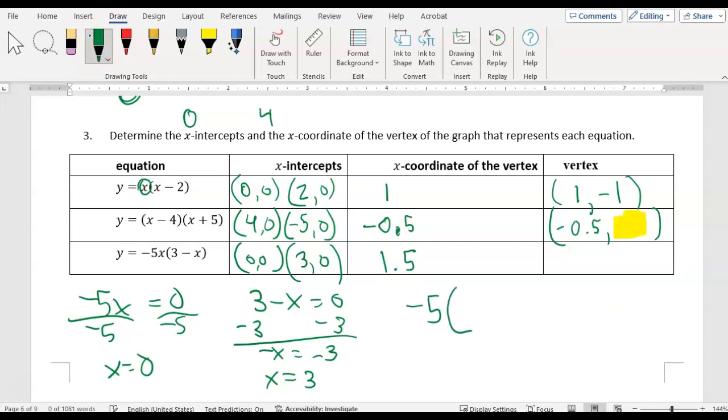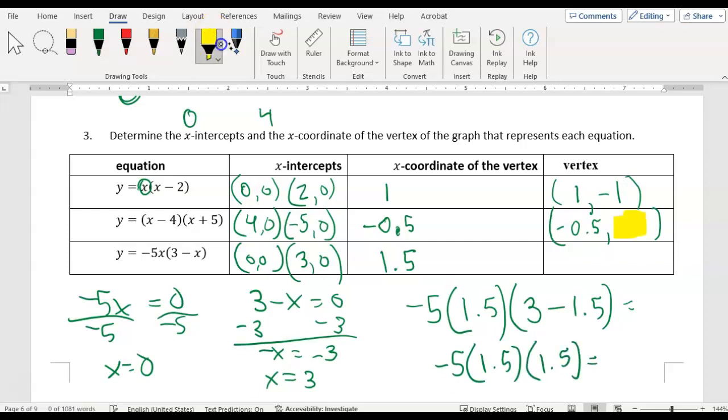So negative 5 times 1.5 times 3 minus 1.5. Then you're going to proceed with that calculation. Negative 5 times 1.5, we're going to do inside the parentheses first. That's going to be 1.5. And then you can mathematically solve that. So we're going to have 1.5 comma whatever you get for that y value.